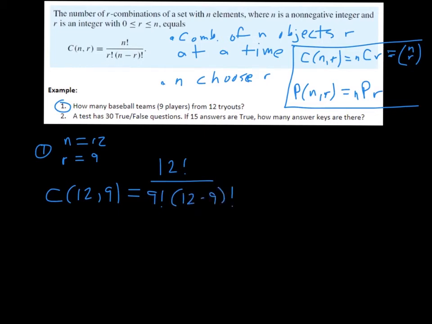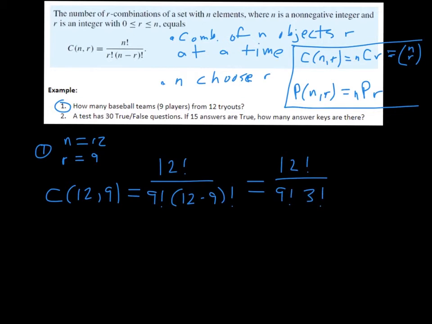Now, we can play that same little game we had a second ago, where we do the cancellations. So before we do, let's just write this as 12 factorial over 9 factorial times 3 factorial.